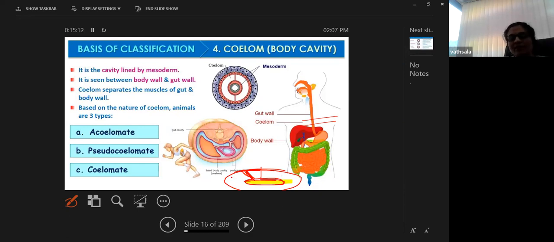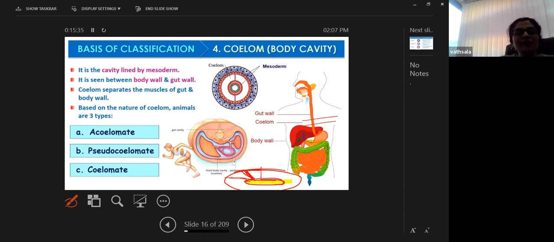So now in this space, what is there? What is there in the space? Your body is a water can, is it? Then what is there from gut lining to the body wall? All the muscles, organs, everything is sitting there, right?